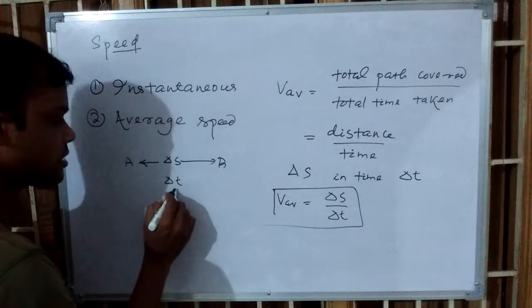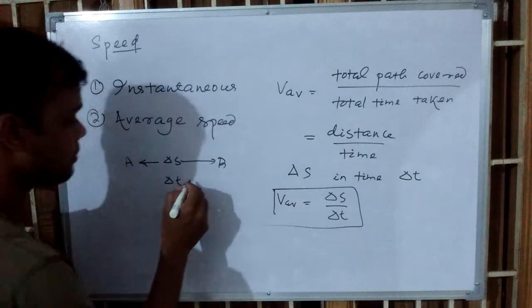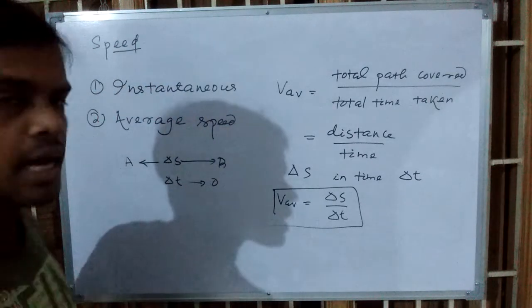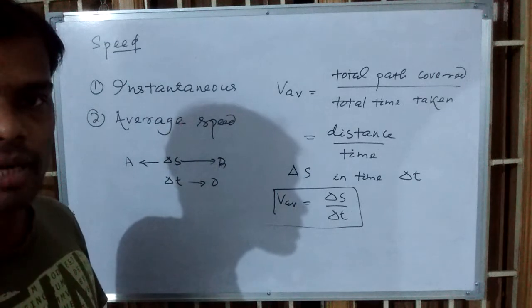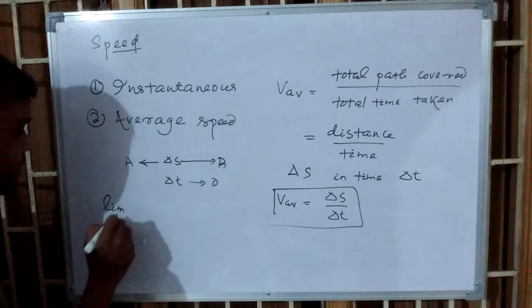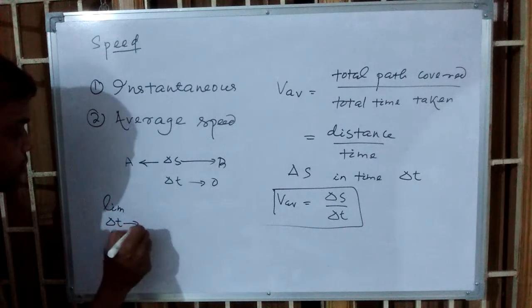If I squeeze this time to 0, that means if I make del t tend to 0, in that case I will simply find out the speed at that particular time. So how to write it? I will simply write limit as del t tends to 0.